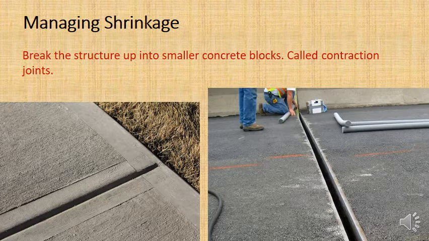That may not be practical. Using plasticizer or an admixture, that can be expensive. Or using a blend such as Portland pozzolan cement, well, that's going to be very expensive because pozzolan's expensive. You have to import it from a volcanic country like Iceland or New Zealand, which are far away.